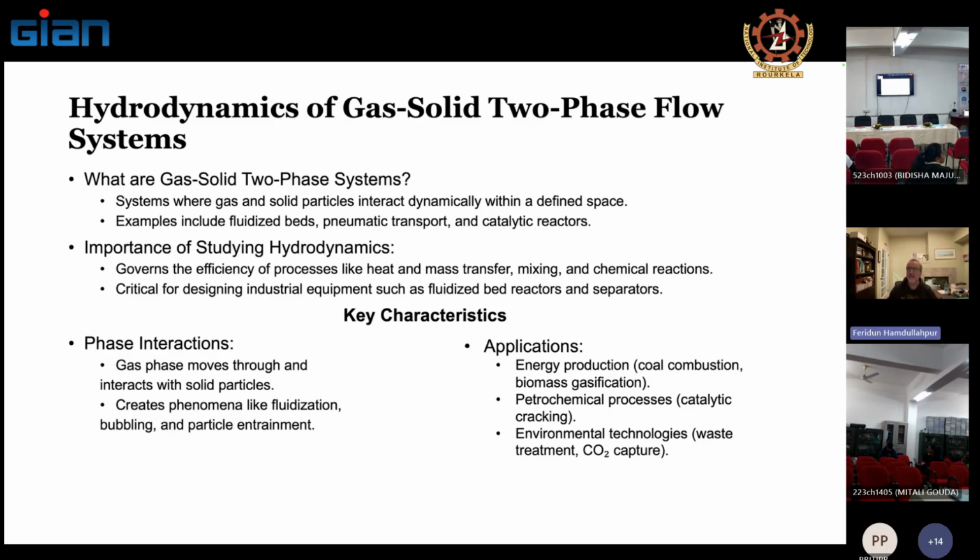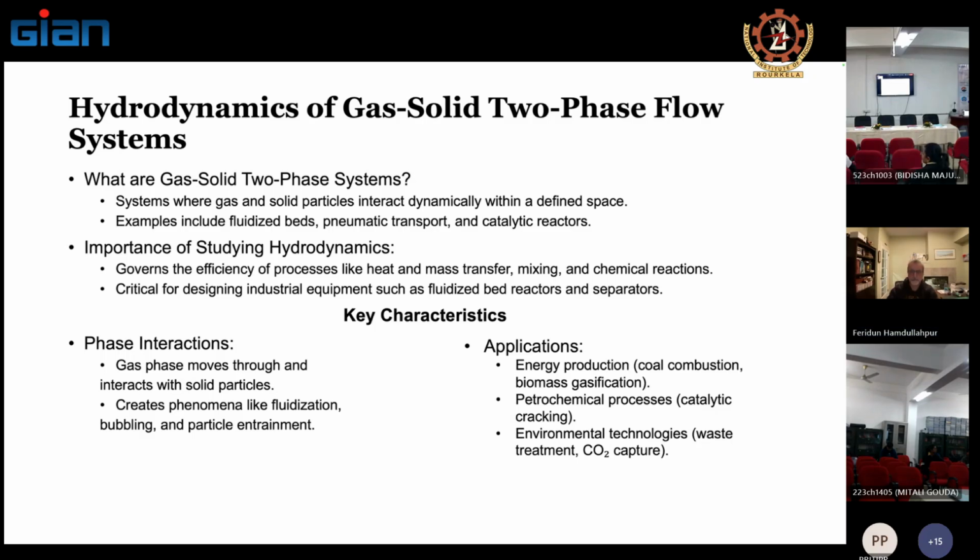You have to understand the hydrodynamics. That's why it is very important to understand basic principles of hydrodynamics of these kinds of systems, predominantly fluidized systems, so that we can successfully design heat transfer surfaces or predict heat transfer and mass transfer, which are the fundamental outcomes of what we're trying to do.